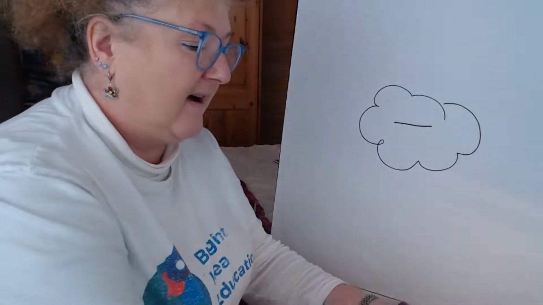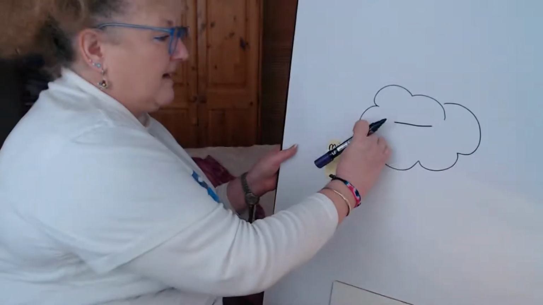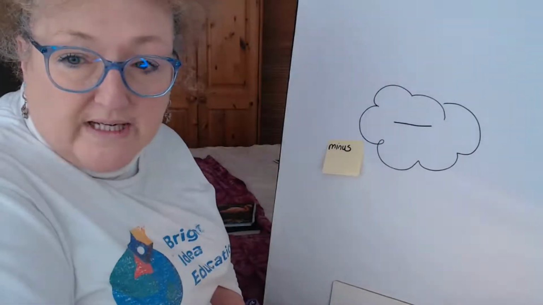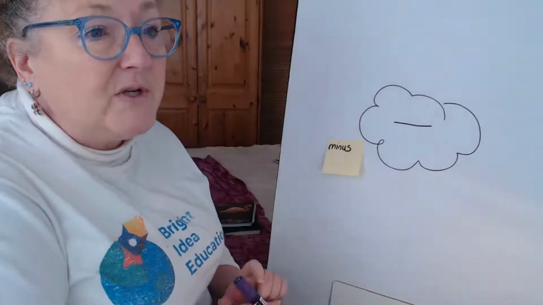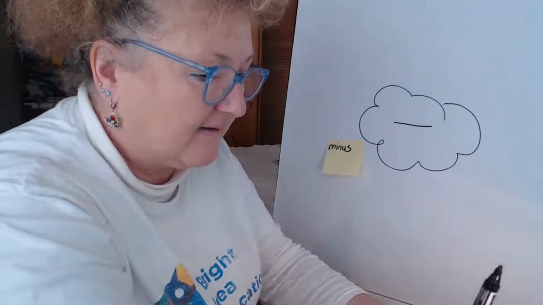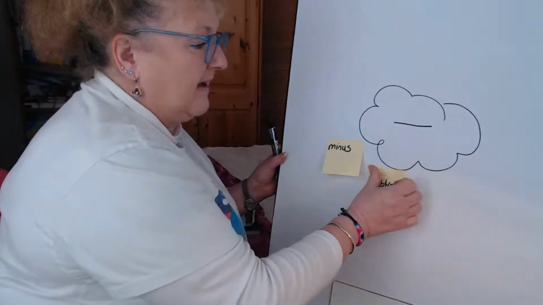But let me see if I had minus. Oh, I did. So yes, minus is one of them. Okay, minus is one way to say it. Oh, somebody got 9. Okay, so subtract. Did I get subtract? Yes, subtract is another way.